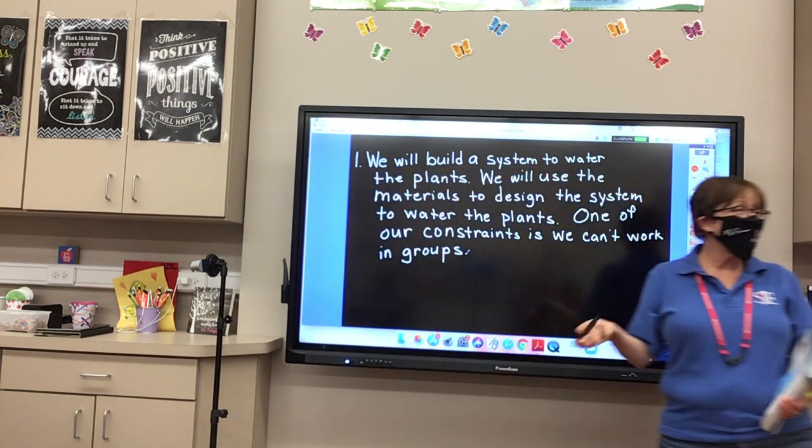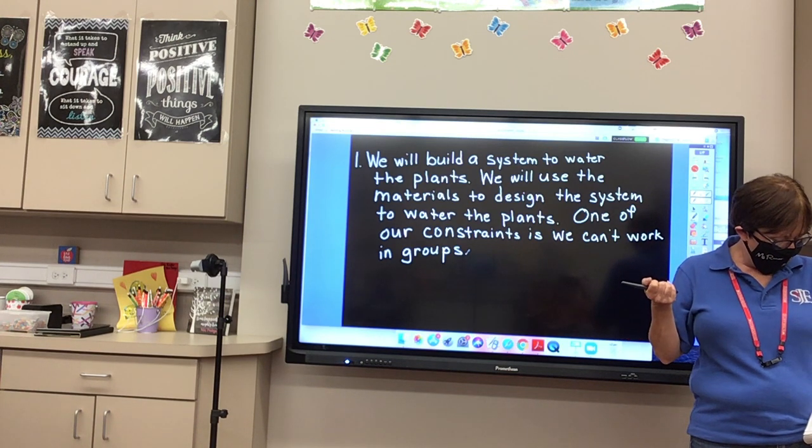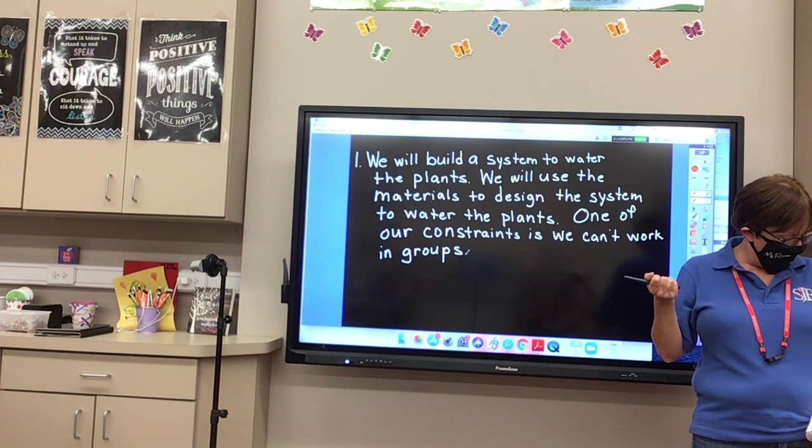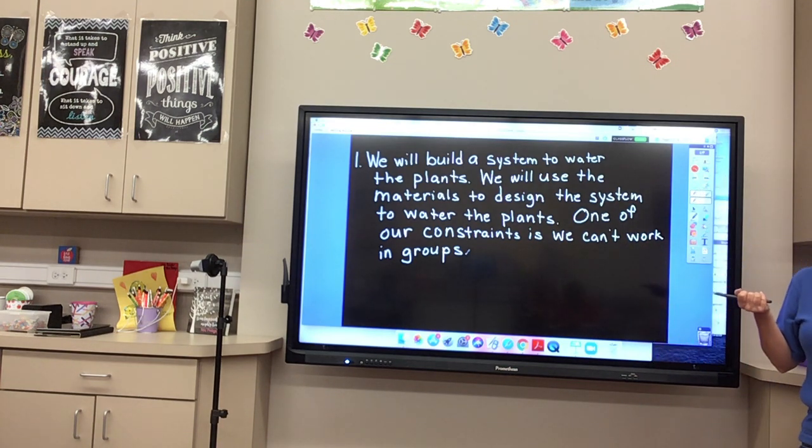Okay, so we can't work in groups. So that is a constraint. Can't work in groups. That's a constraint in our project and doing our experiment.